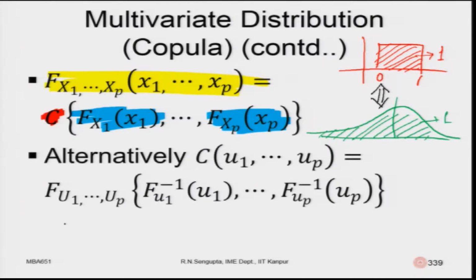So, let me use another color, the blue one. The integration from minus infinity to a, I will use a blue color here in order to highlight. So, consider a value here. These are corresponding values and I am basically trying to map these two values for equivalence.